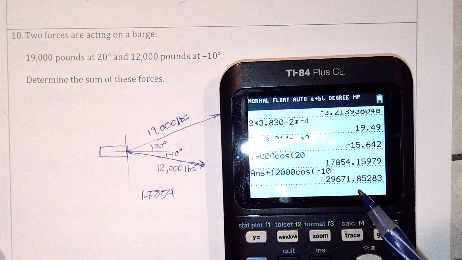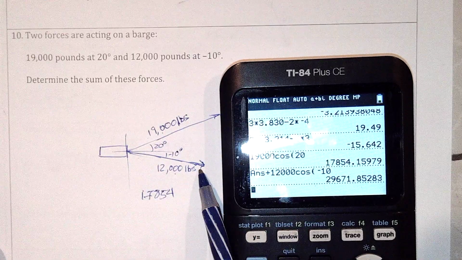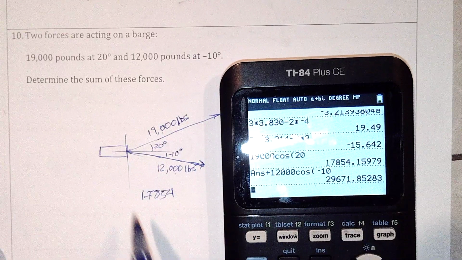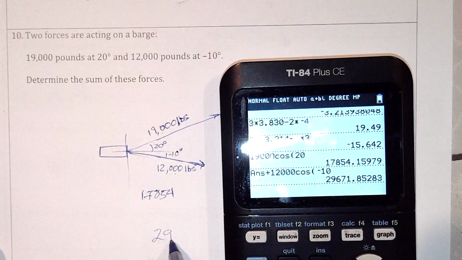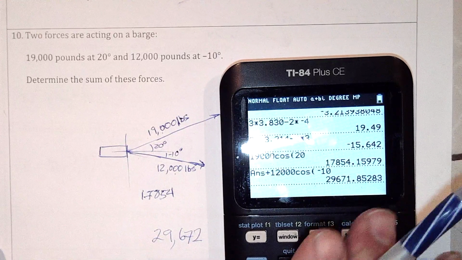And the x component of this plus the x component of that ended up being 29,672 pounds.